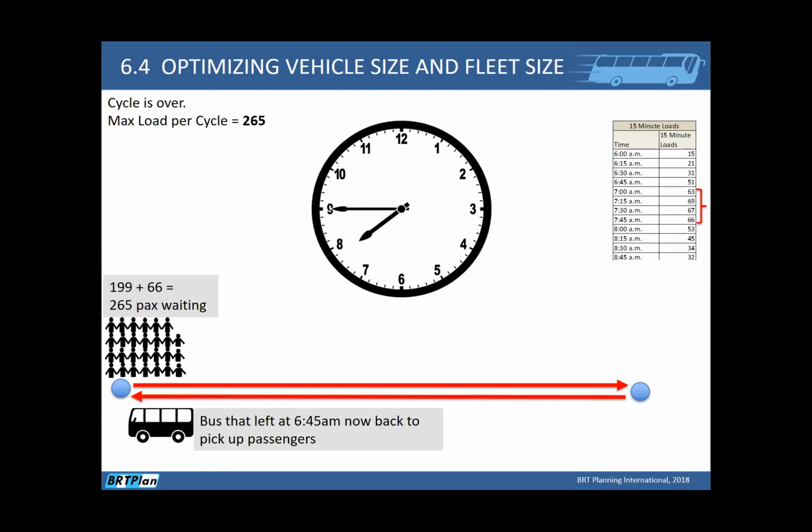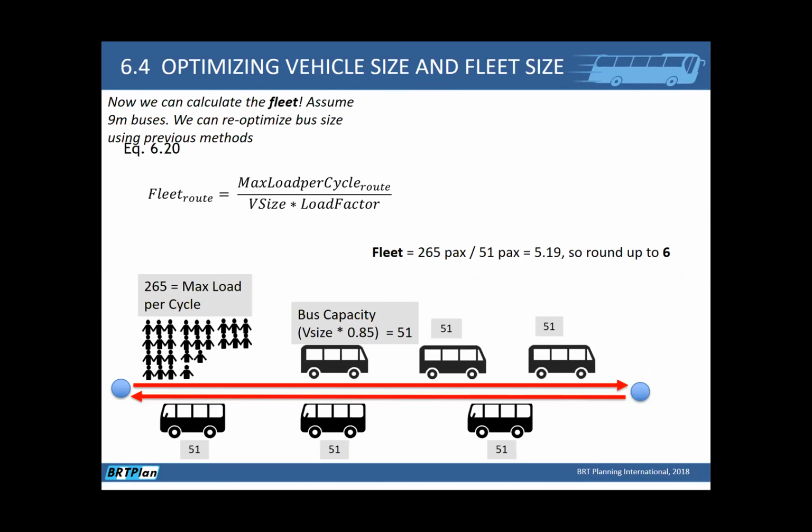That number, 265 people that would have accumulated over the course of the time it took your bus to make its full cycle, that's the maximum load per cycle. And in order to derive the fleet accurately, factoring in the fact that demand is peaked, you need to use that number, the maximum load per cycle per route, to derive the fleet.